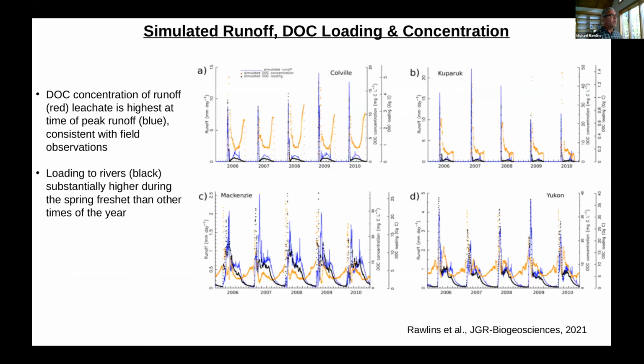And I should mention here as well, we'd like to understand whether these higher concentrations, particularly in the Colville, and also to some extent in the Kuparuk in the fall, are real. We don't have any measurements then in late August, September, and maybe early October to validate these, arguing for the need for more observed data.